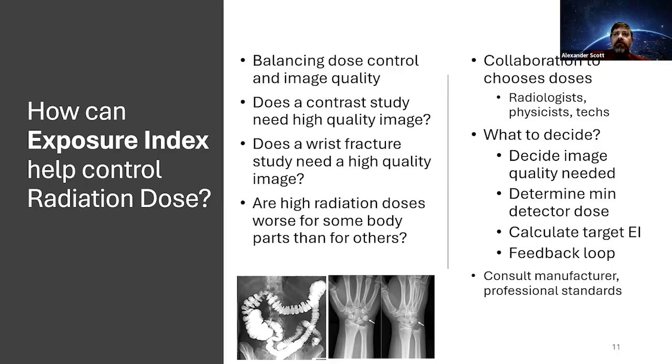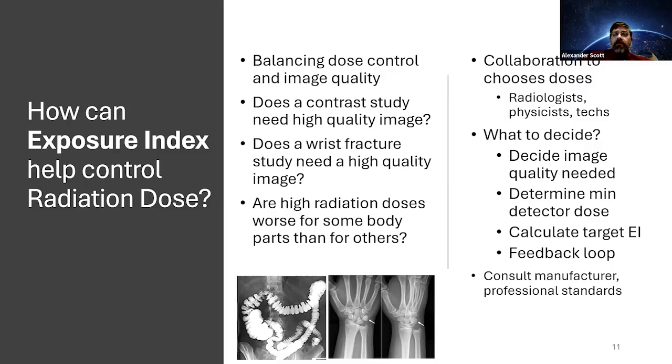Based on just the work that I do with our affiliates, I could say that our affiliated orthopedic sites want a higher target dose for the detector in order to see small fractures.